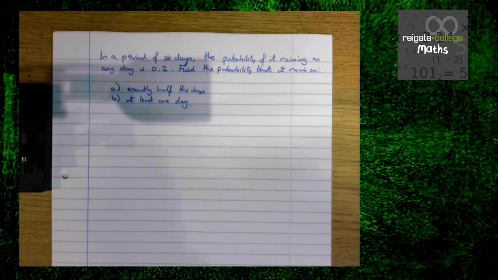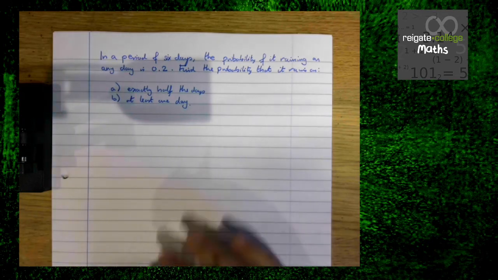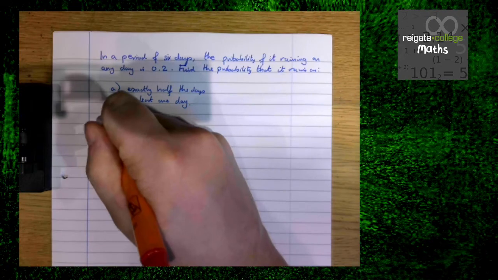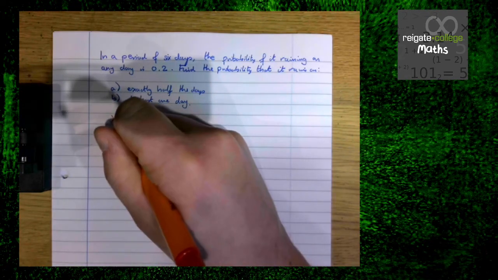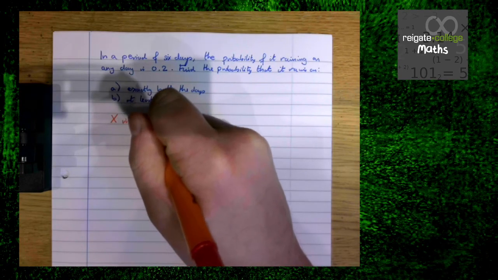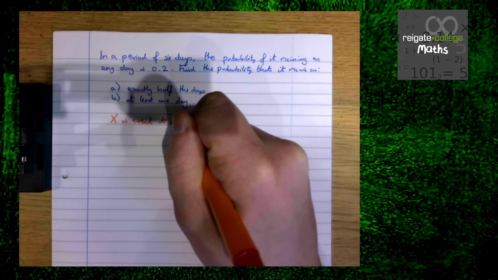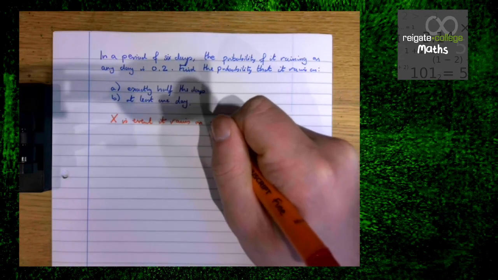So here is another example. In a period of 6 days, the probability of it raining on any day is 0.2. Find the probability it rains on exactly half the days and at least one day. So again, let's write out what x means and then write out the distribution. So x is the event it rains.